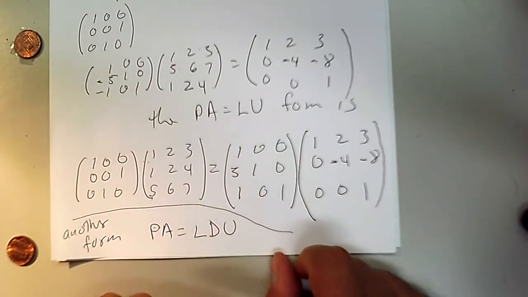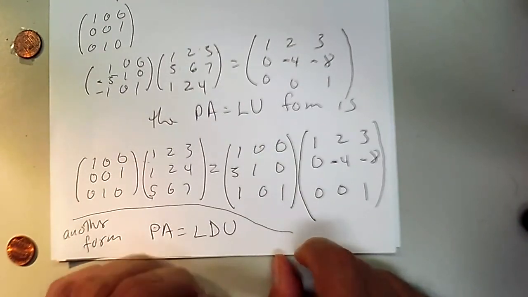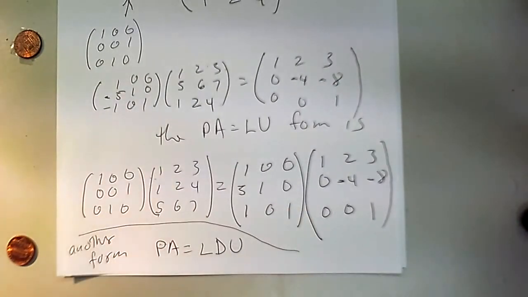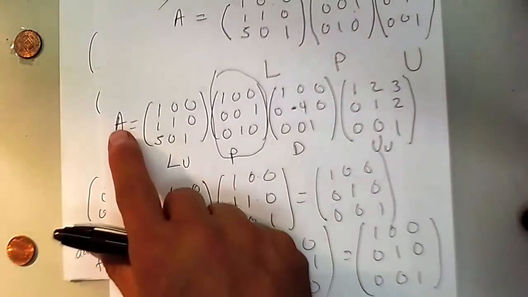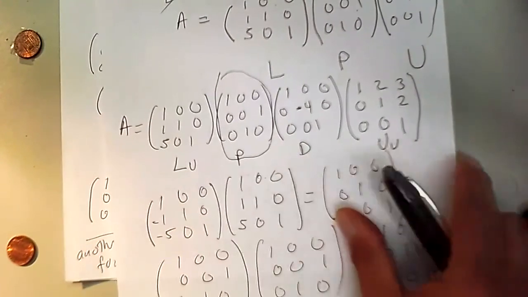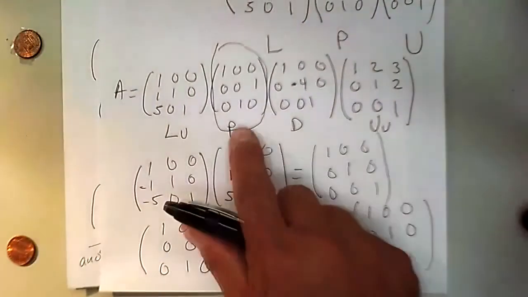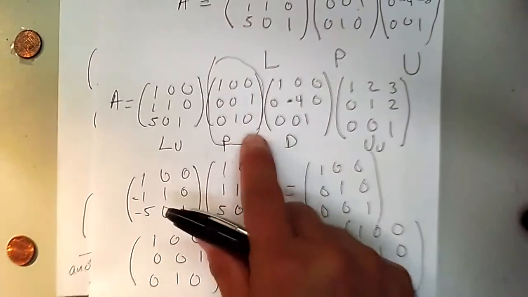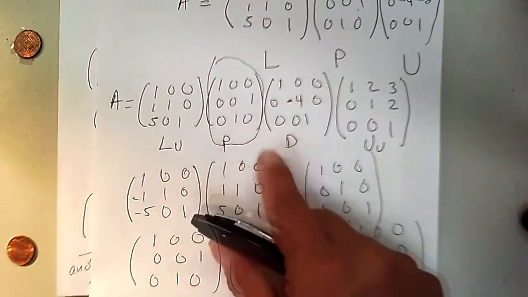So make sure you know how to factor matrices. And there are two ways to factor them. One way would be A equals LPDU. And if P or D are identities, then don't worry about them. Don't write them out.